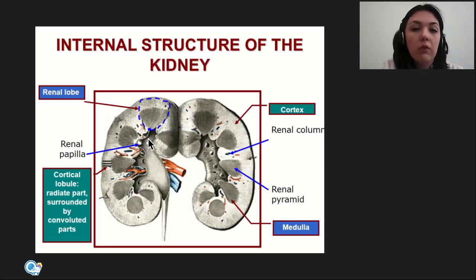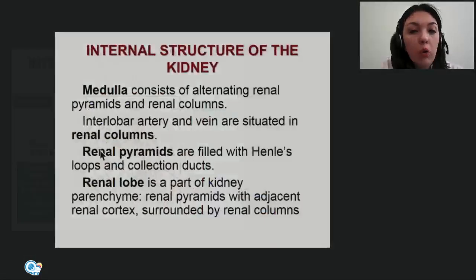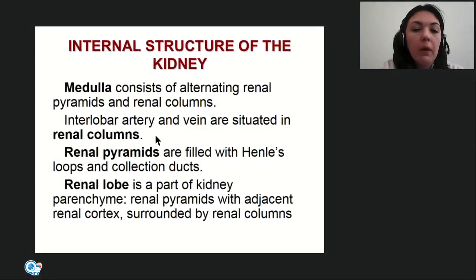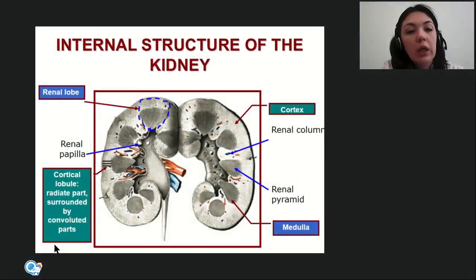And in the renal pyramids, there are some parts of the nephron. A renal lobe is a part of kidney parenchyma that is formed by renal pyramids with adjacent renal cortex surrounded by renal columns. You have to know what a renal lobe is.